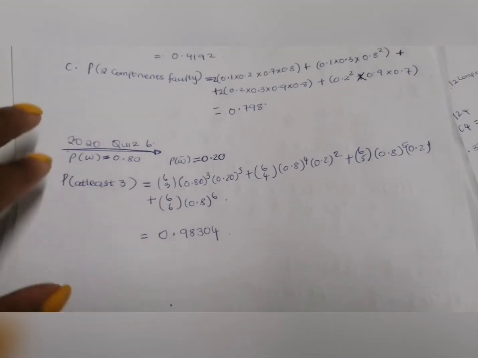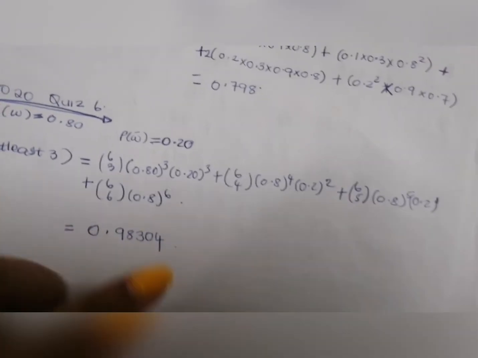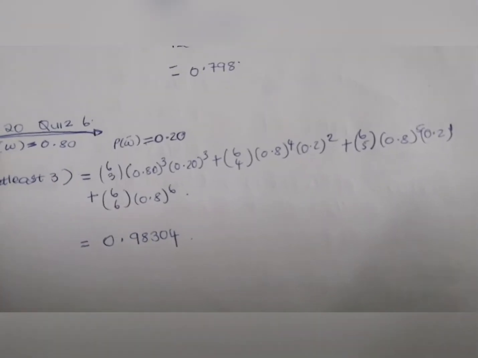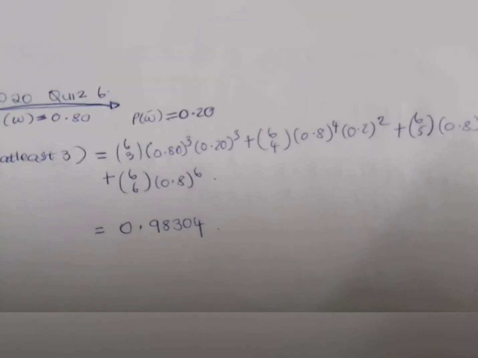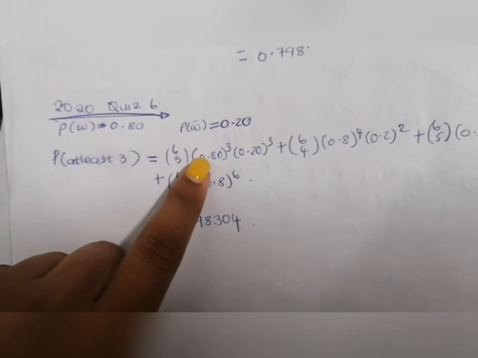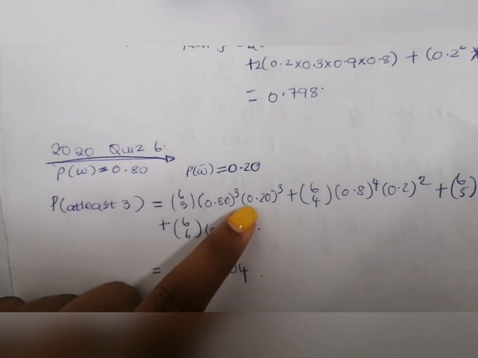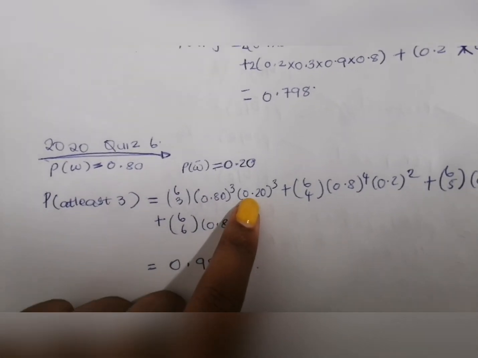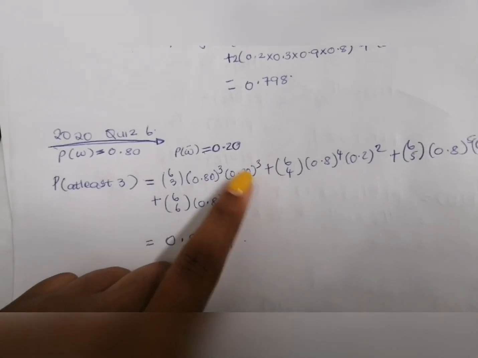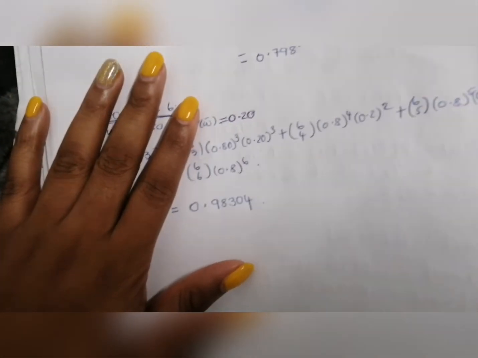Right. So because the probabilities are the same, as I said, you can use the binomial theorem: of the 6 components, choose 3 that are working, and the probability of that is 0.8 to the power of 3 times 0.2 to the power of 3, because if 3 are working, it means the other 3 are not working.